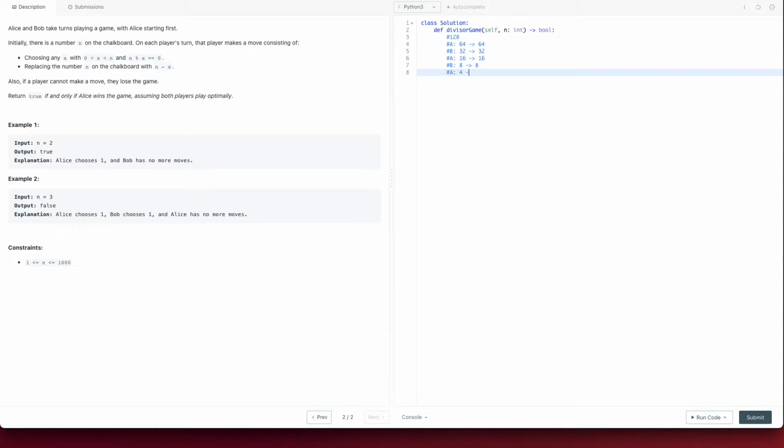Alice can do this. Bob can do this. And Alice can do this. Which means Alice will win. I guess anytime you get to 2, whoever plays 2 will lose.